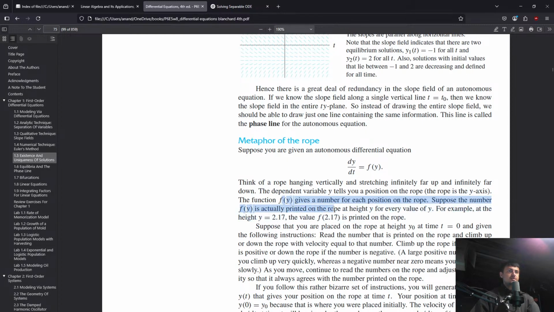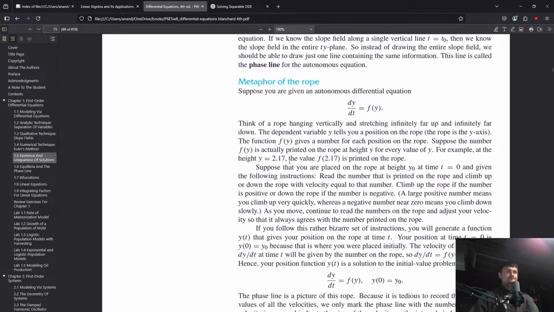Suppose the number is printed on the rope at height y for every value of y. Suppose that you are placed on the rope at height y0 at time equal to 0 and given the following instructions: read the number that is printed on the rope and climb up or down with velocity equal to that number. Climb up the rope if the number is positive or down the rope if it's negative.